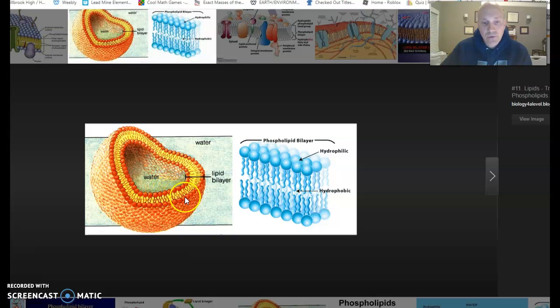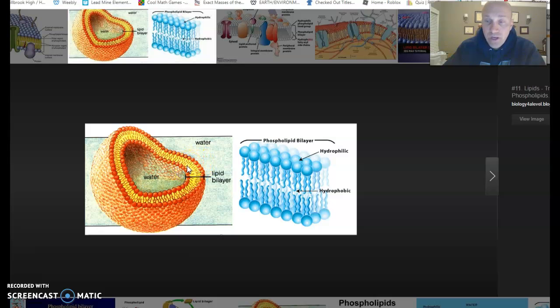All right, so it's that polar head group that's in contact with the polar water molecules, but it's the non-polar fatty acid chains which are in the middle here. All right, so the one thing that you need to remember about this is that this region right here really does not like polar groups.